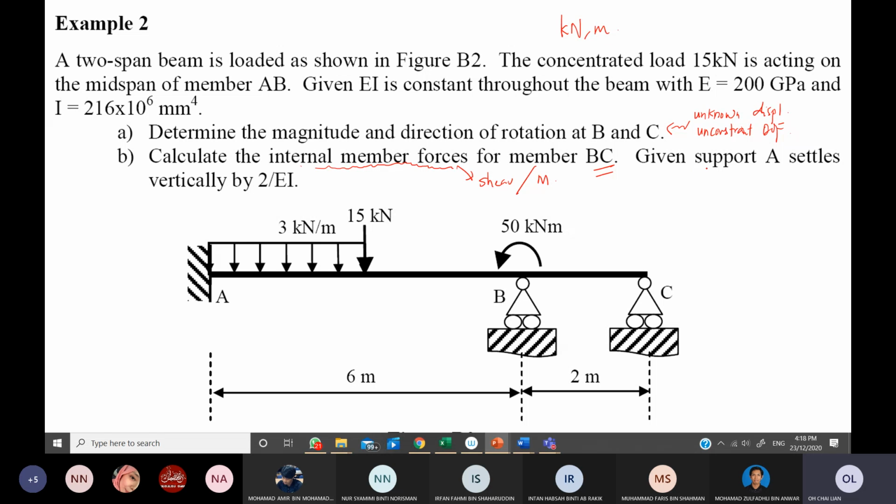It says that support A has settled by some value. If there is no such case, the displacement at A should be equal to 0. But now for question B, the displacement at A equals negative 2 over EI. Let's have a look.